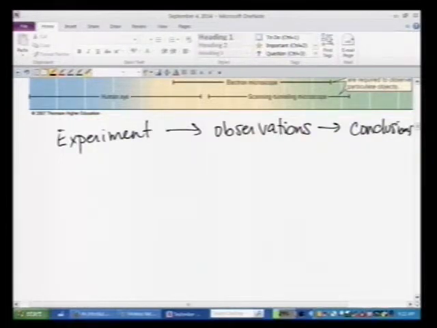So you do the experiment, you see what happens, make the observations, you use what you currently know about the subject, and you make some conclusions. Those conclusions then turn into theories, and that's based off experimental evidence.